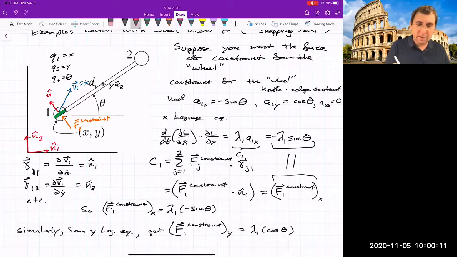Remember what the n direction is up here? You might not. That's okay. The n direction, that normal direction, is minus sine theta, cosine theta.